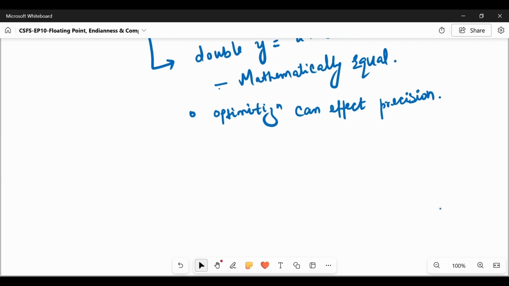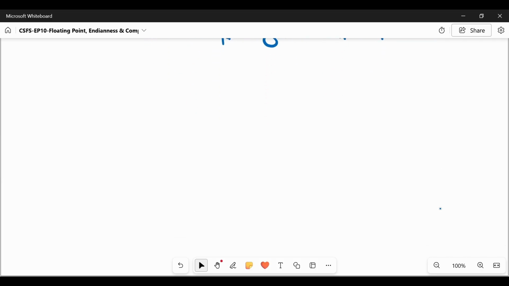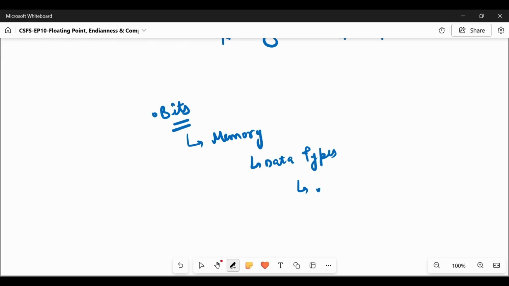With this, we are ending our C system foundational series. We started our series with bits, the smallest representation of data inside our system. After that we learned about bytes, memory, different data types, and then arithmetic operations, evaluations, operator precedence, undefined behaviors.